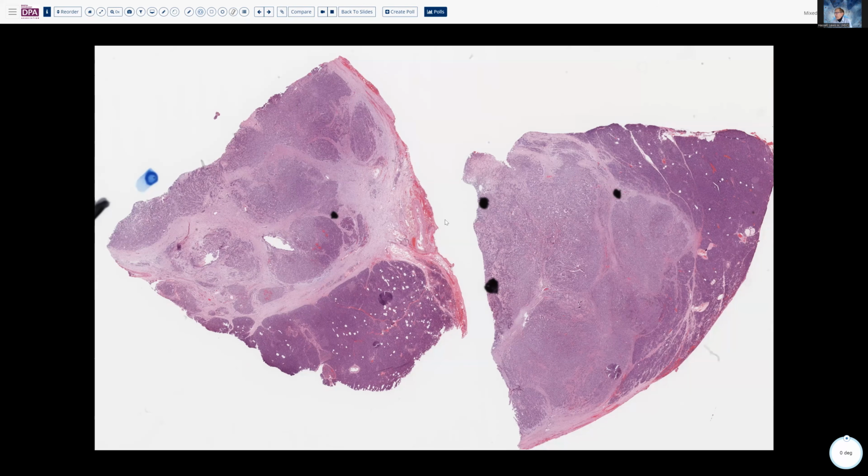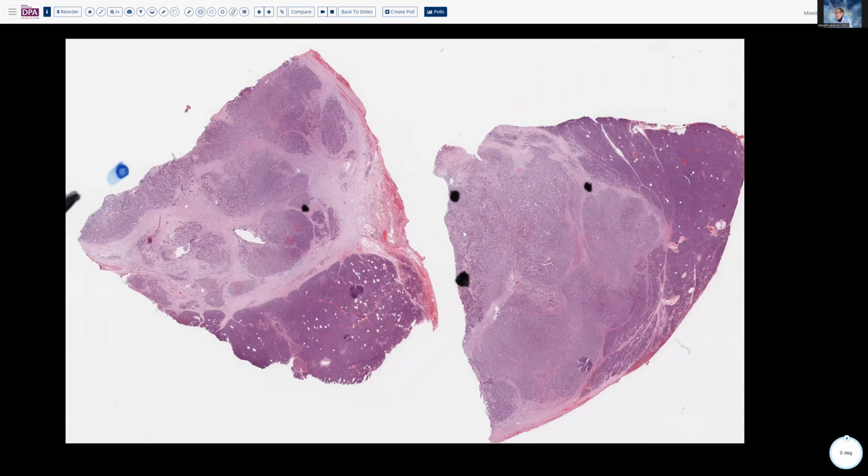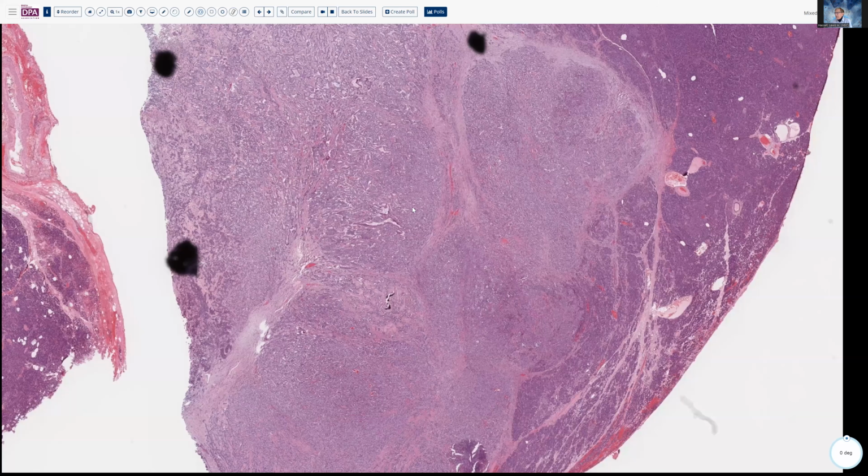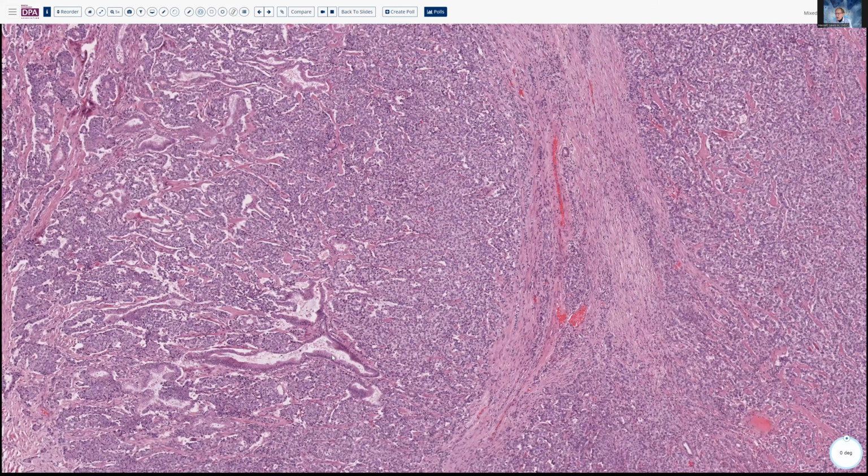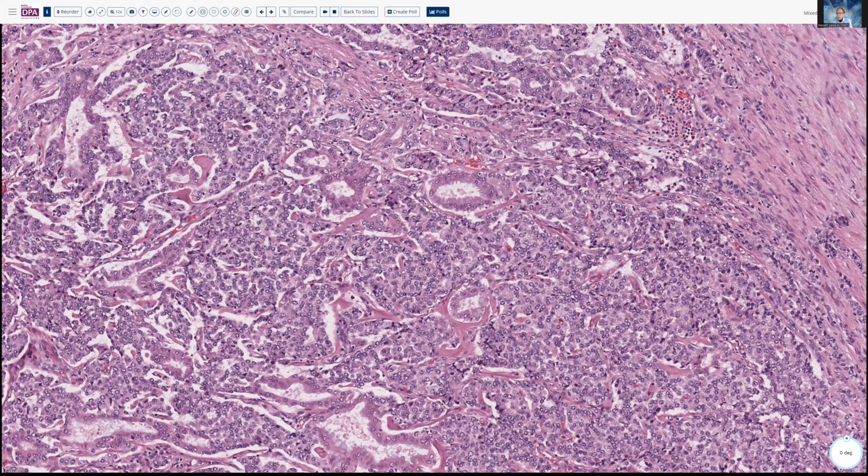So let's go down first over here and take a look and see what this neoplasm is composed of. And in fact, we see here chains and cords of cells, but admixed in here, as you see, are ductal elements. That presents us with an interesting differential consideration. Are these entrapped residual ducts?